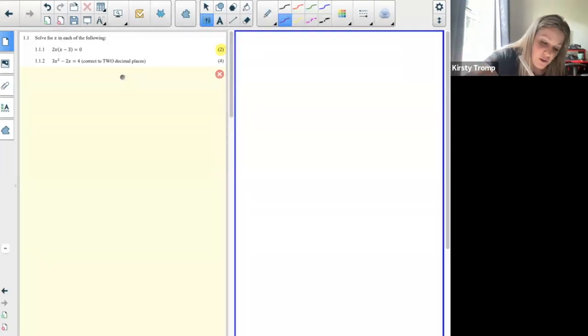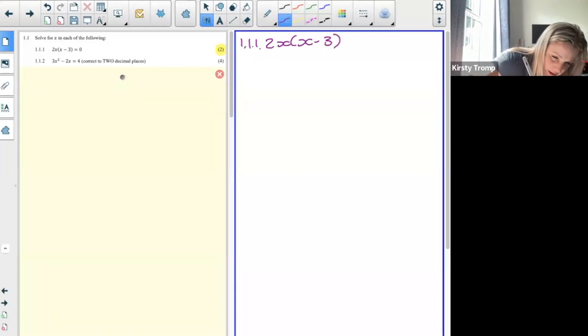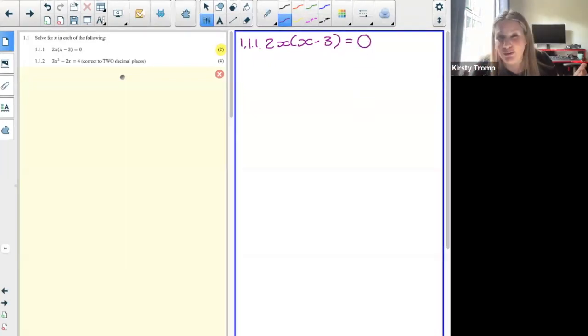So here we go. I'm going to have 1.1.1. It's got 2x, open brackets, x minus 3 equals 0. So the sum is already equal to 0. I like it when something's equal to 0, and I've got brackets. Nice, easy sum. They taught me this last year in grade 10.